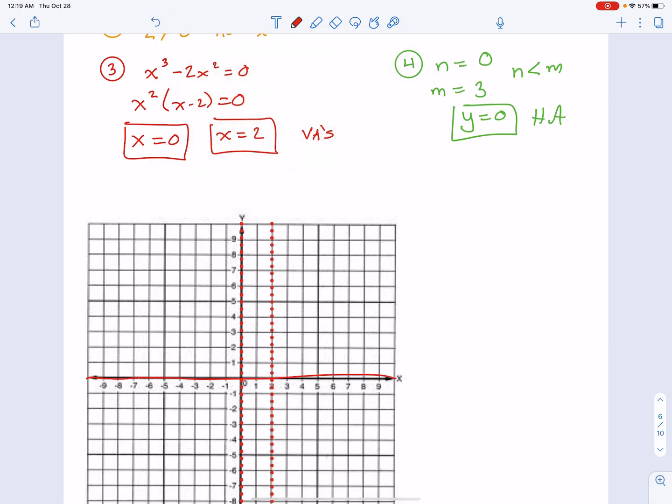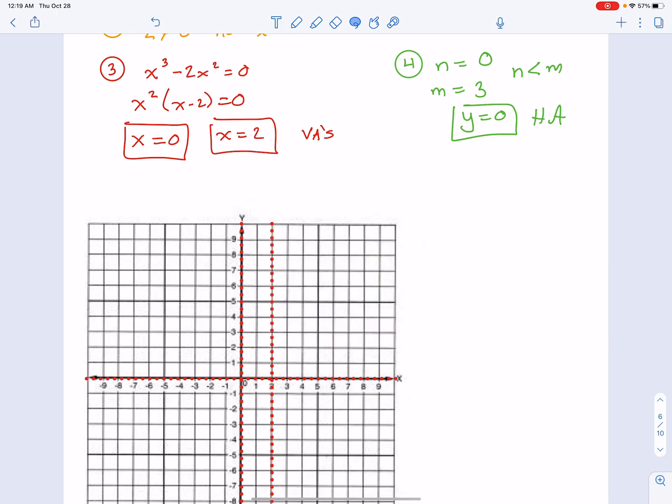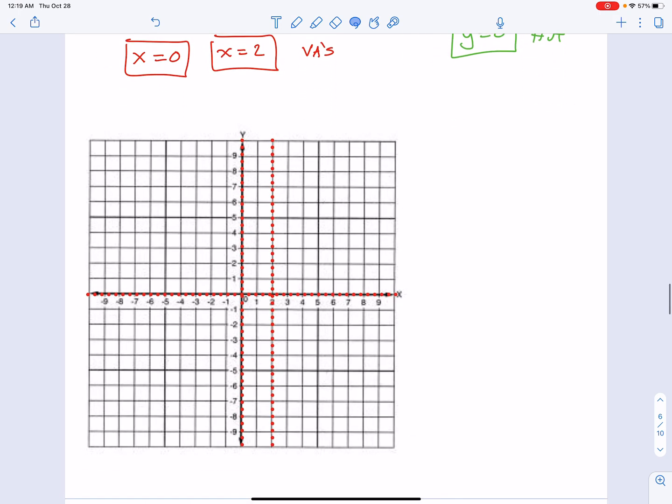So our x-axis here. So this is what we know about our graph.